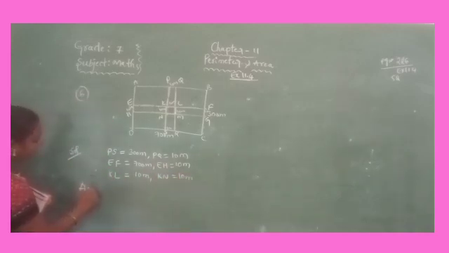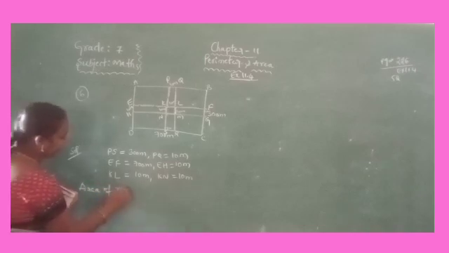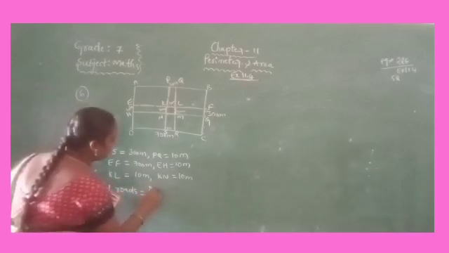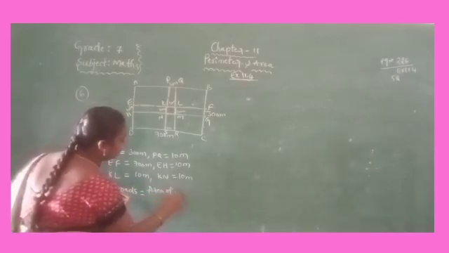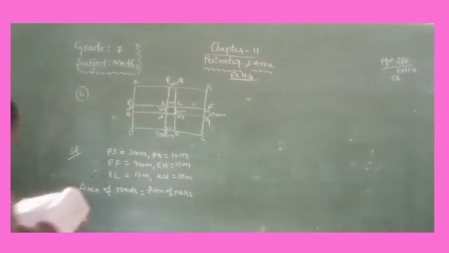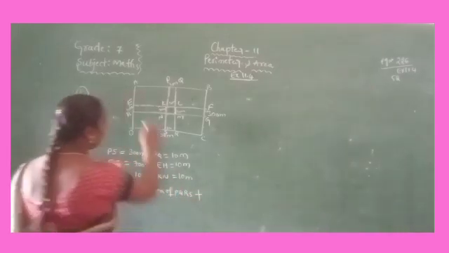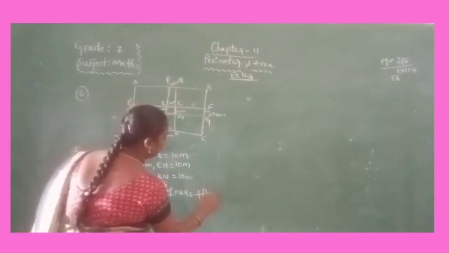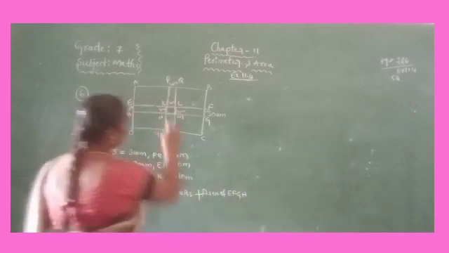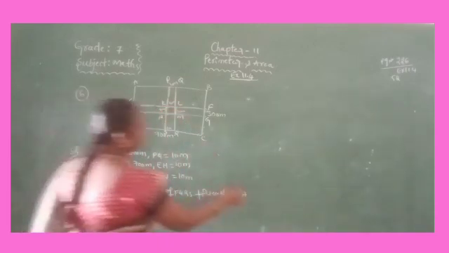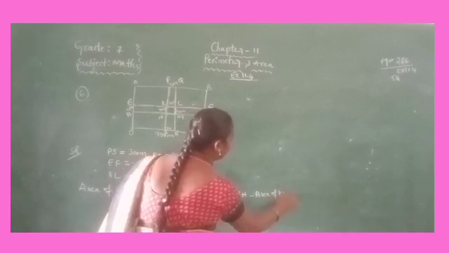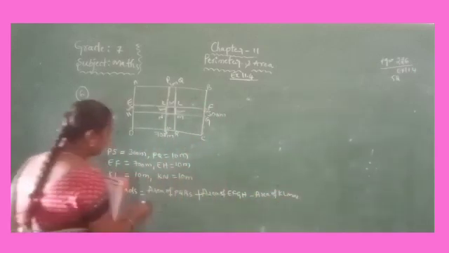Now I am finding the area of the roads only. So that is the area of PQRS plus the area of EFGH. After that, the KLMN, that one I am subtracting: the area of KLMN.